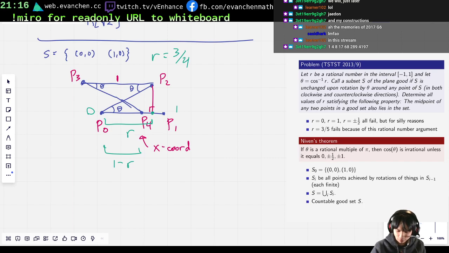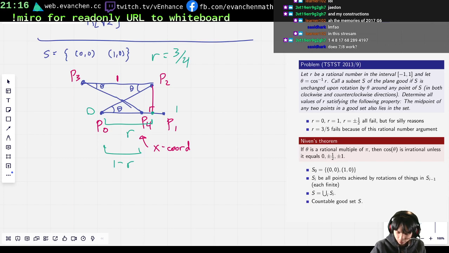Wait, I'm confused. Help, how did you... Wait, what? No. Is it 1 minus r? Are you sure? Yeah, because it doesn't look like 1 minus r.